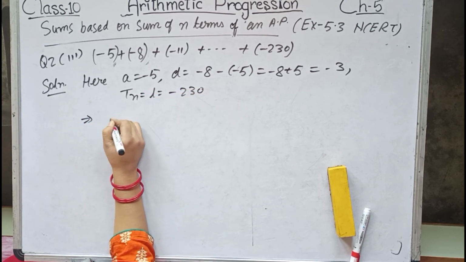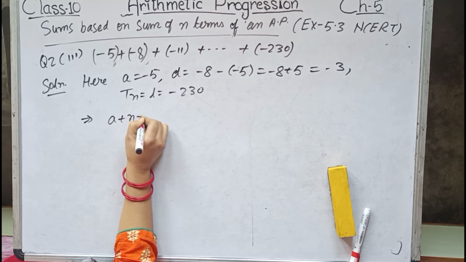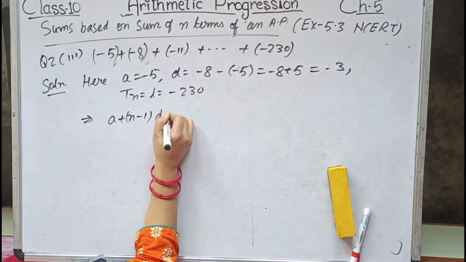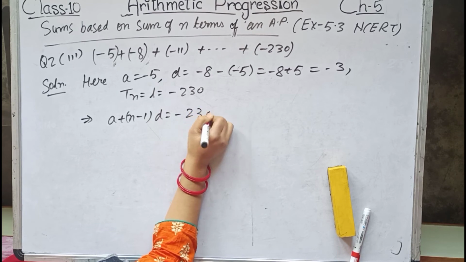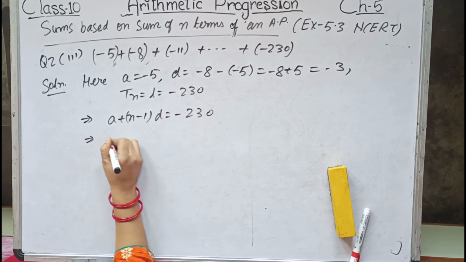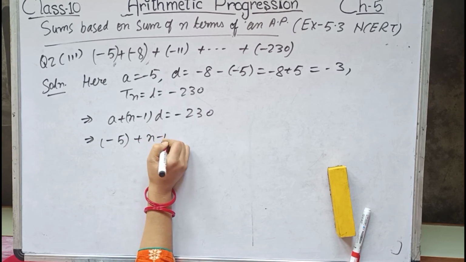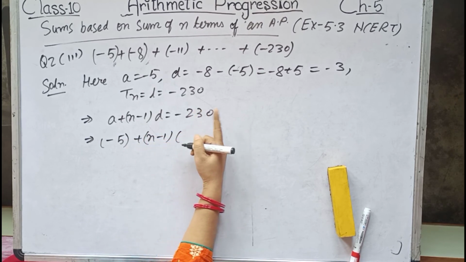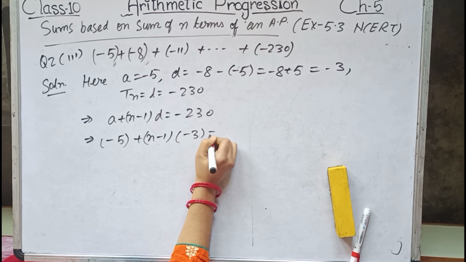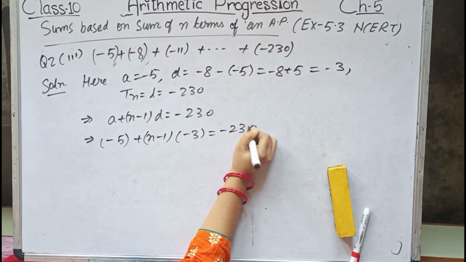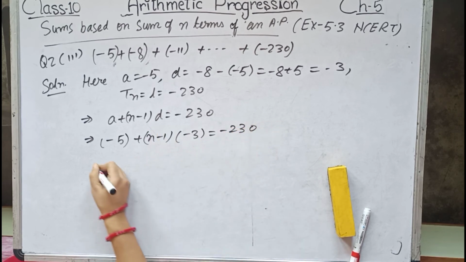This implies A plus N minus 1 into D equals minus of 230. This implies minus of 5 plus of N minus 1 into minus of 3 equals minus of 230. The value of D is -3.